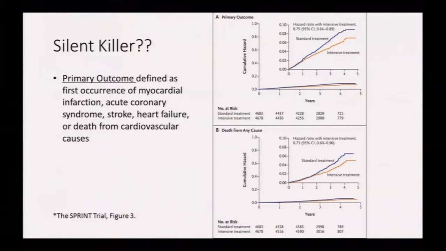We already talked about that the intensive treatment group has lower risk or lower incidence of those complications of hypertension. And here I just wanted to show the importance of time frame. The primary outcome started having a significant difference around 1 year, and here death from any cause started having a significant difference around 2 years. And that's why we call hypertension the silent killer, because people having hypertension are not going to have problems right away.